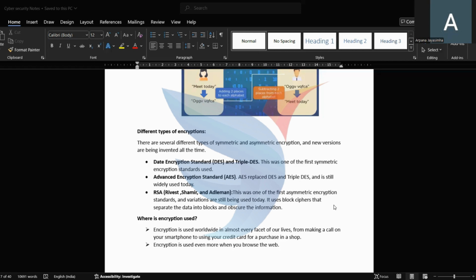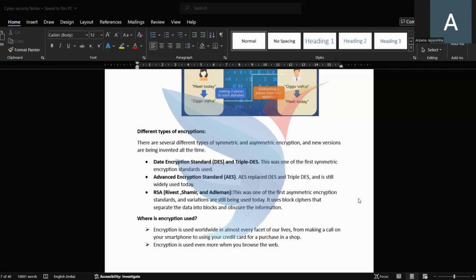So let's see what is the Data Encryption Standard. This was one of the first symmetric encryption standards used. Next, what is the Advanced Encryption Standard. This replaced the Data Encryption Standard and Triple DES, and it's still widely used today.